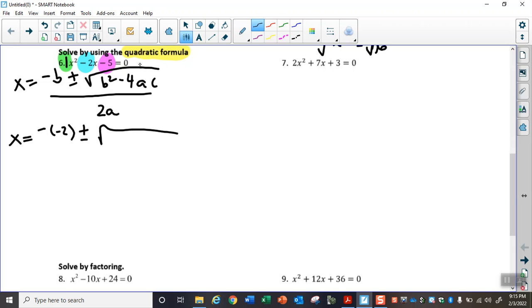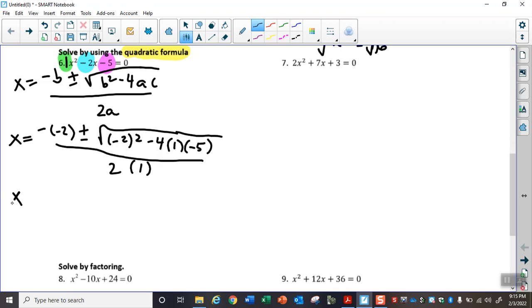And then b, I'm going to square it, so I'm going to take negative 2, square it, minus 4 times a, which is 1, times c, which is negative 5. And that is all over 2 times a, which is 1. All right, so I've got my formula. I substitute in my a, b, and c.